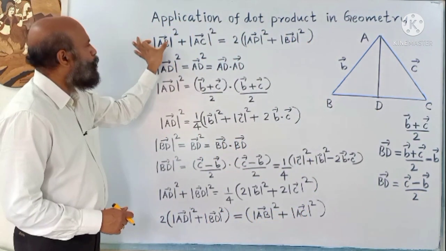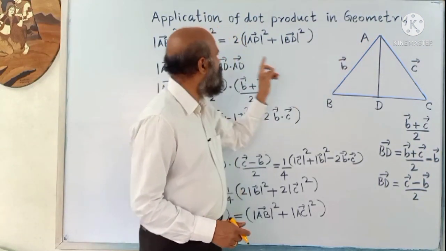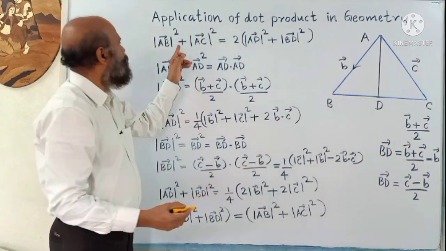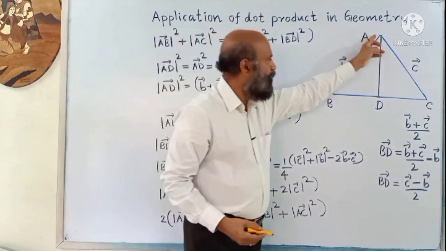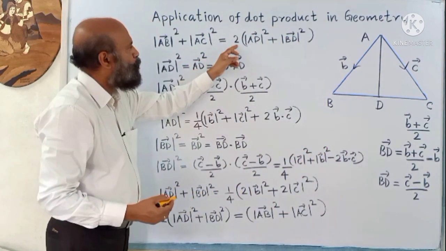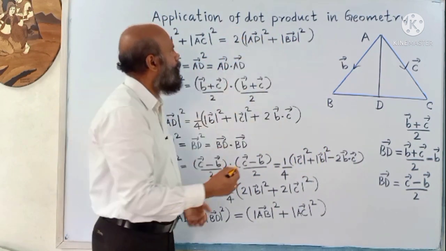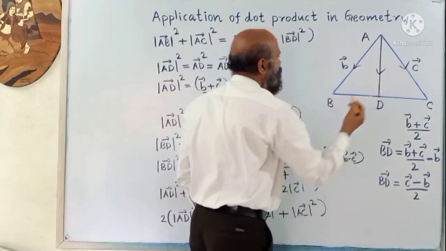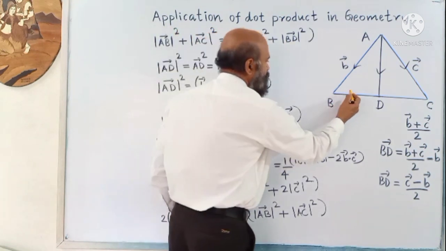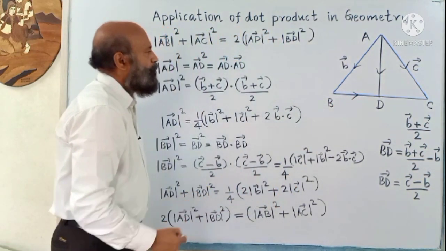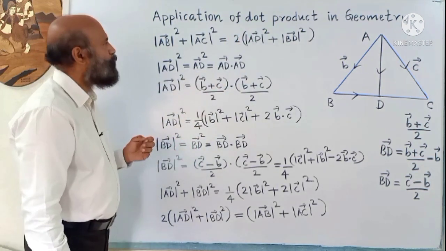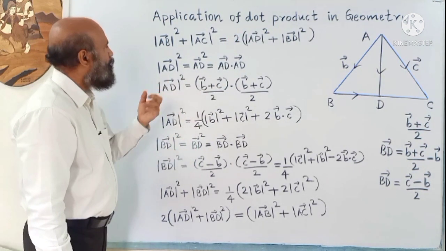Then modulus of AB vector square plus modulus of AC vector square is equal to 2 times modulus of AD vector square plus modulus of BD vector square. So let us use dot product to prove this relation.